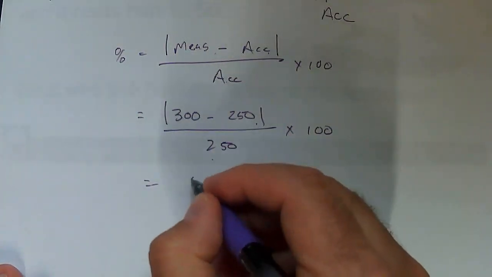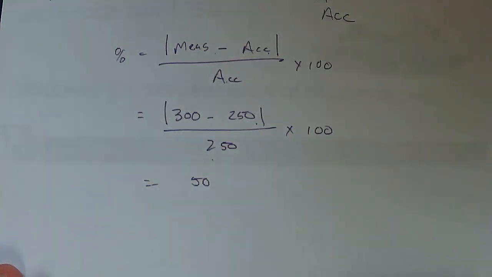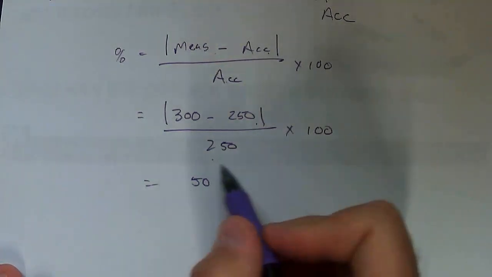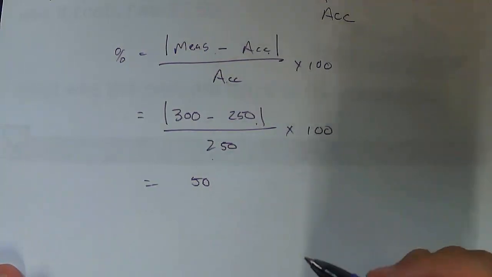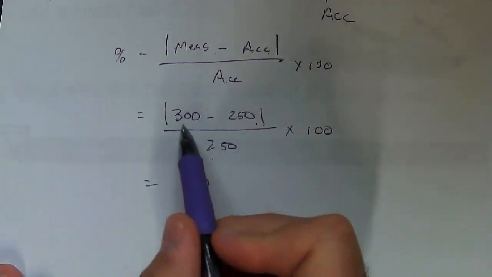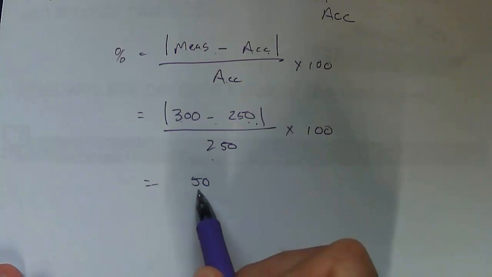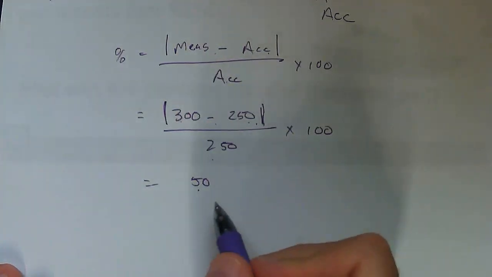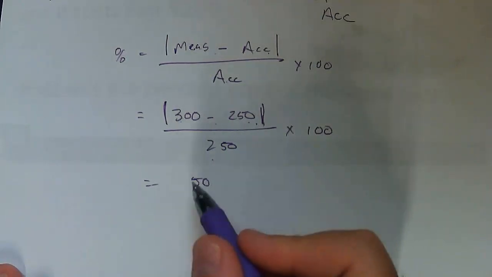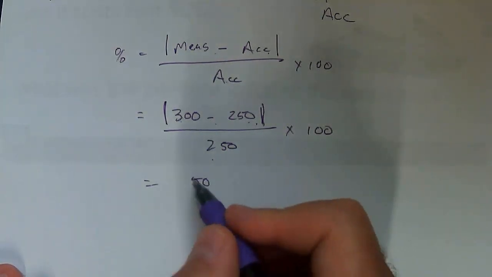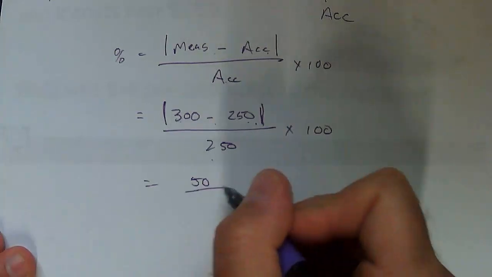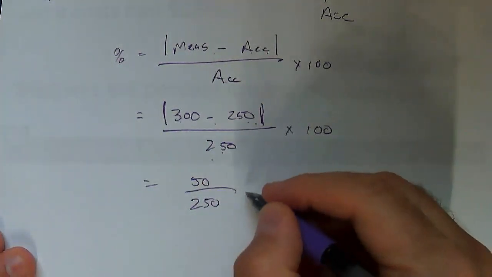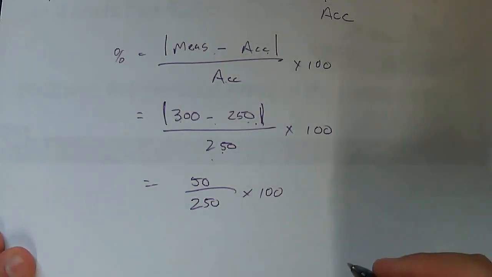Now we do the math. 300 minus 250. If you need a calculator, you can use it. I don't need the calculator to do this, I've done this problem a couple of times. 300 minus 250 is 50, and the absolute value means we ignore whether it's positive or negative. Then we put it over 250 because that's still on the bottom, times 100.